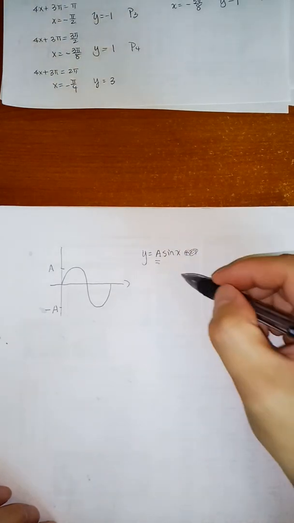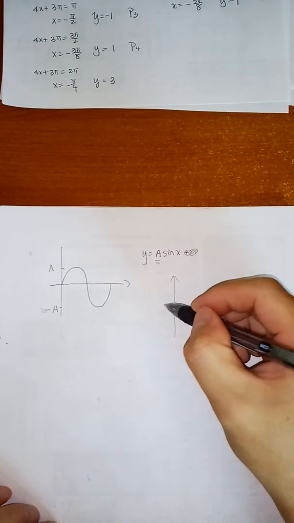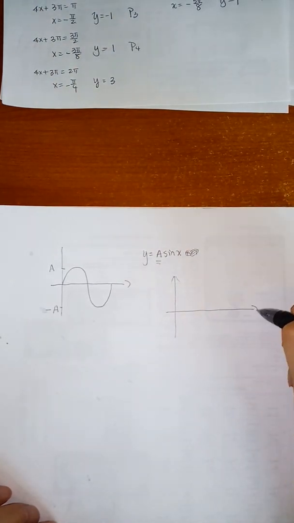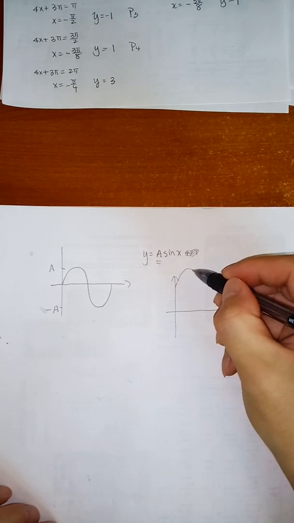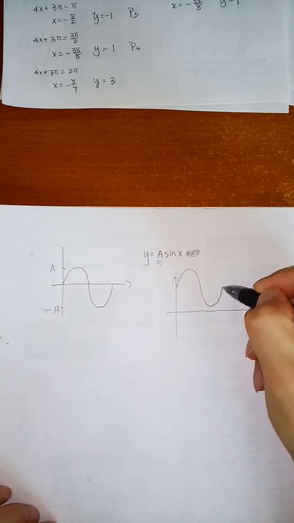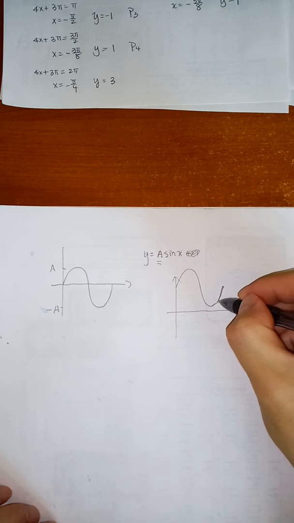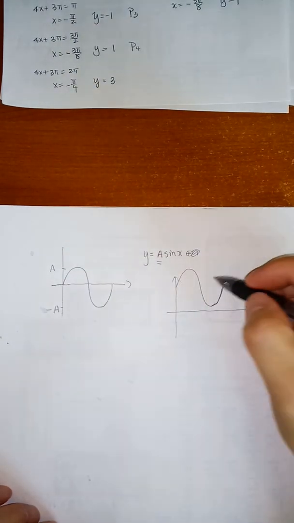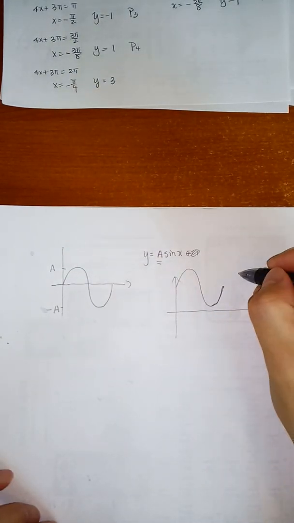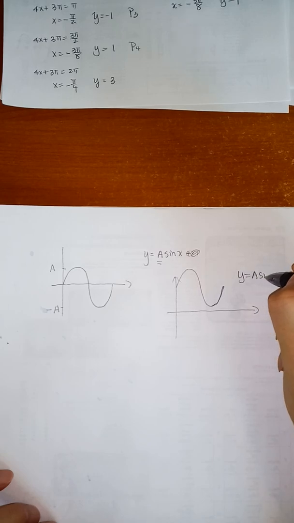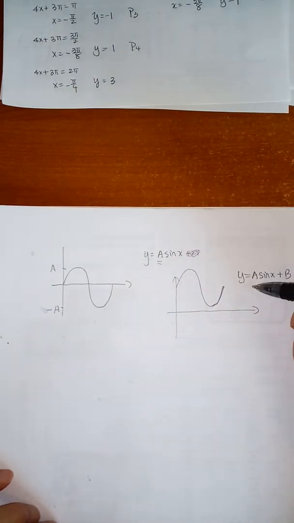And if we shift it vertically, for example, we have this. This is symmetric, we know what is A. A is this point. But if we have something like this, y is equal to A sine x plus B, we already shifted. Then what is A?